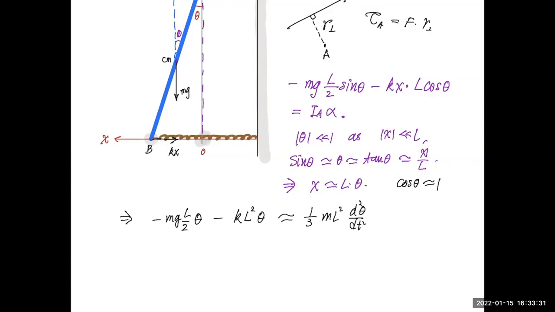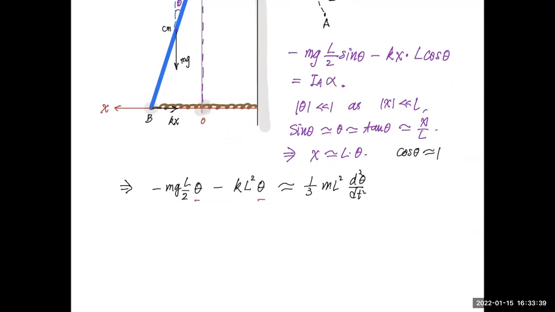Yes, it is, because if you take that theta out, and combine these two terms, you will get a constant times theta with a negative sign coming out. So let me rewrite this as 1/3 mL squared times the second derivative of theta with respect to time, and that equals negative, I'm just taking the constants out, (mgL/2 + kL squared) times theta.